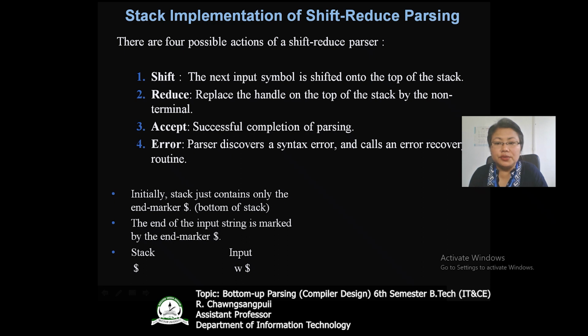Reduce will replace the handle on top of the stack by the non-terminal. The third action is accept. If you have reached the action called accept, that means it is successful, and we can announce a successful completion of parsing. And the fourth action is error. The parser discovers a syntax error and calls an error recovery routine.